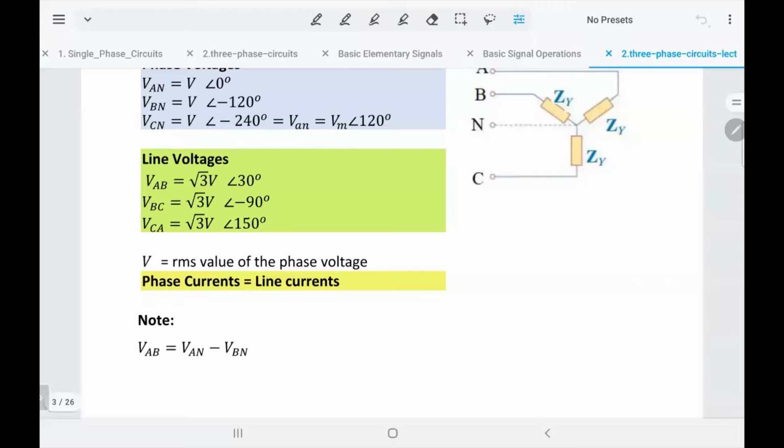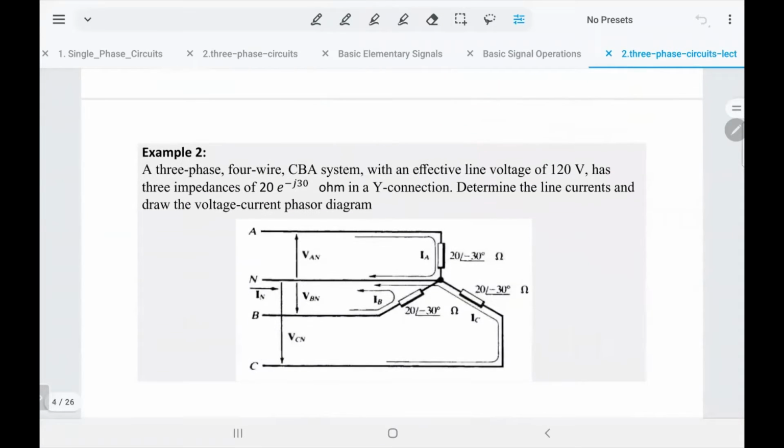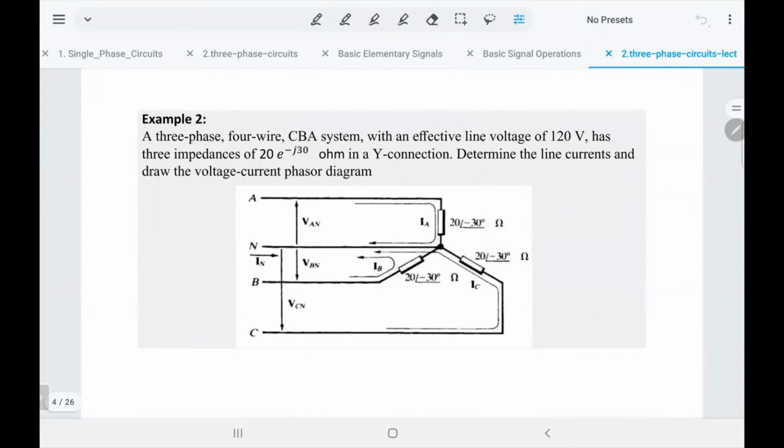Let's take one example here. We need to solve this problem. It's a star connected load, and the impedance of each phase is equal to 20 ohm at an angle of negative 30. When all the impedances are equal, we call this a balanced load, and that's what we're going to study this semester.